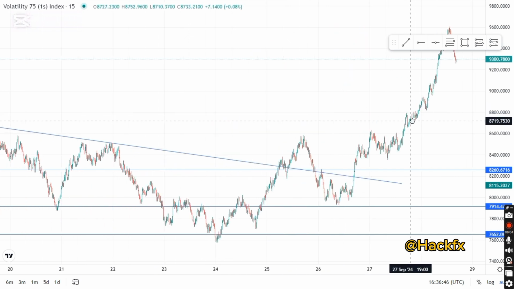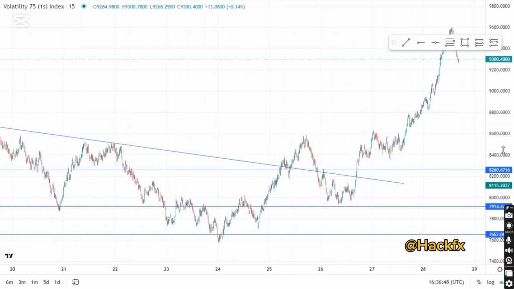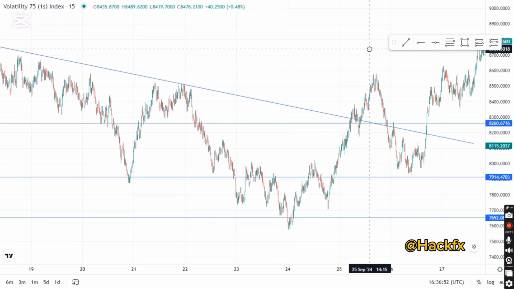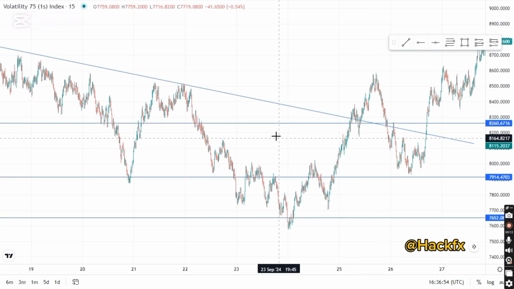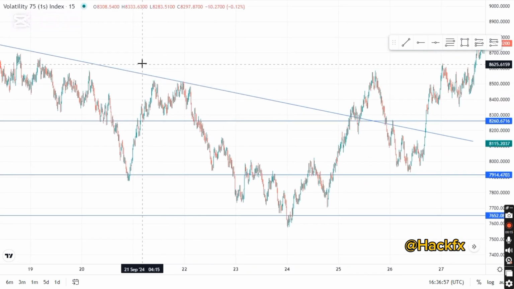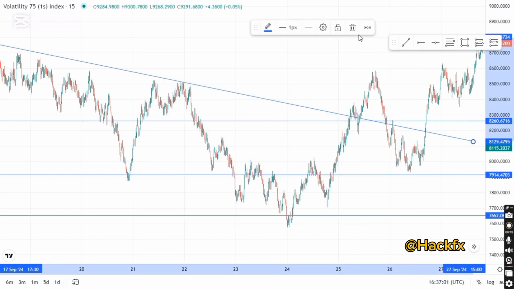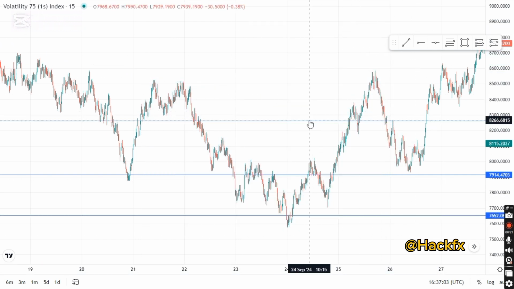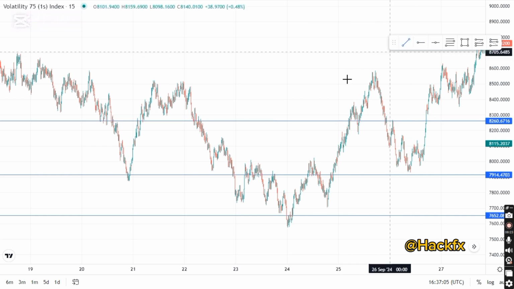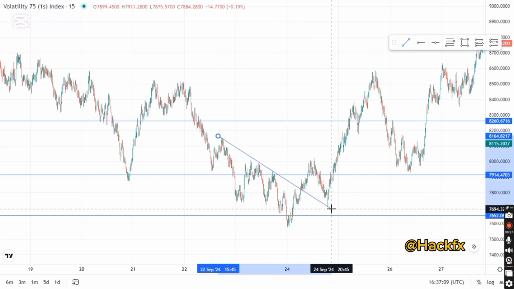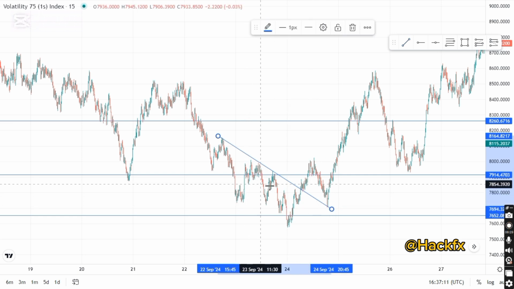In fact, before this major breakout, there is another breakout from a smaller trend. Guys, let's identify it. See, from this smaller trend here, there was a breakout. This is a dynamic trend.